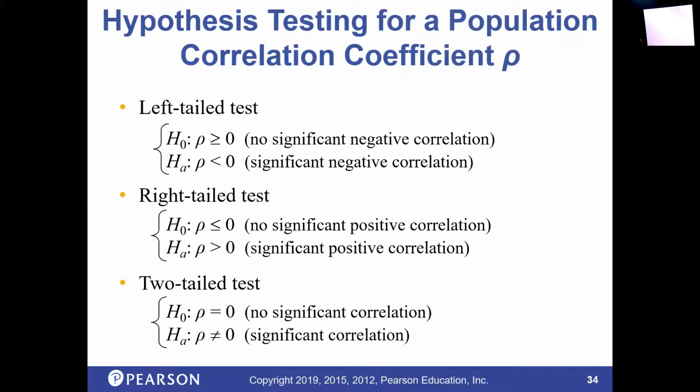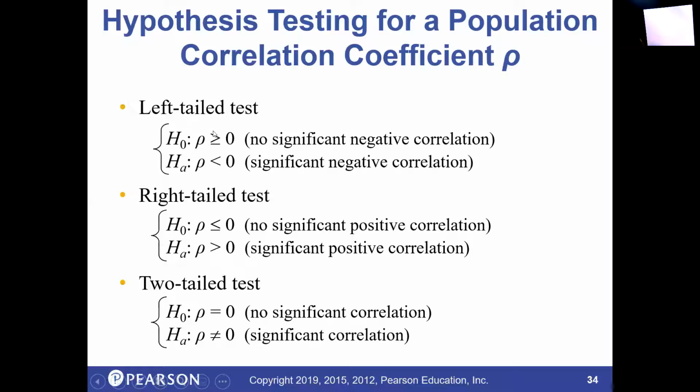So here, we have 3 types of problems: left-tailed, right-tailed, and two-tailed. Now, instead of talking about mean and proportion and standard deviation, we're talking about rho. And rho is the population correlation coefficient. So let's translate this.